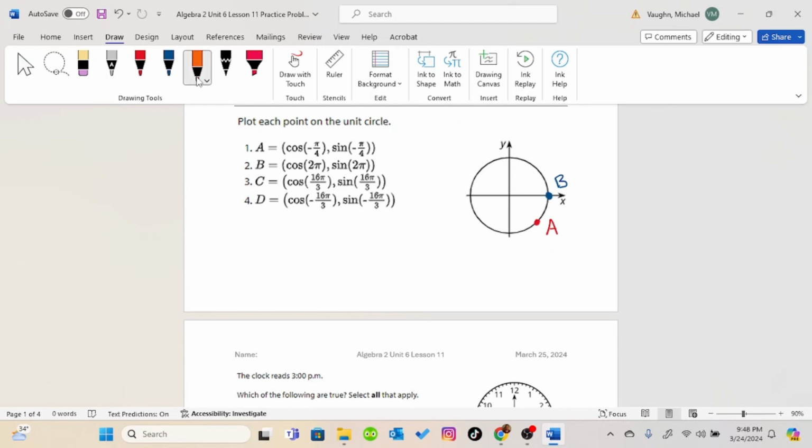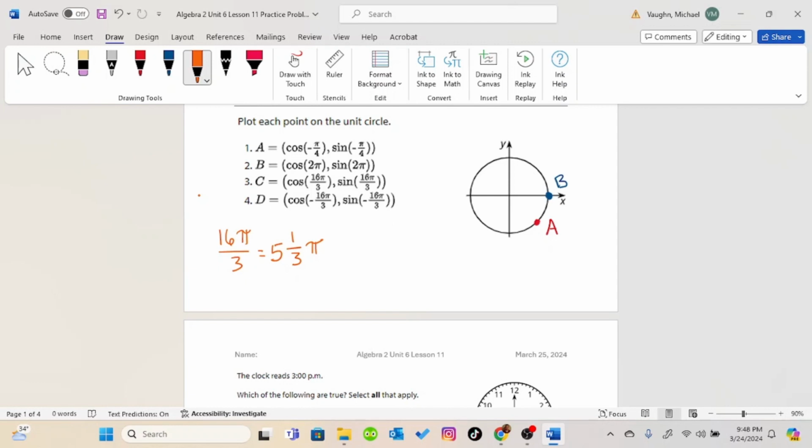Point C, we have positive 16/3 pi. 16 divided by 3 is 5 and 1/3 pi. For C, we're rotating positive. That means we're rotating counterclockwise.